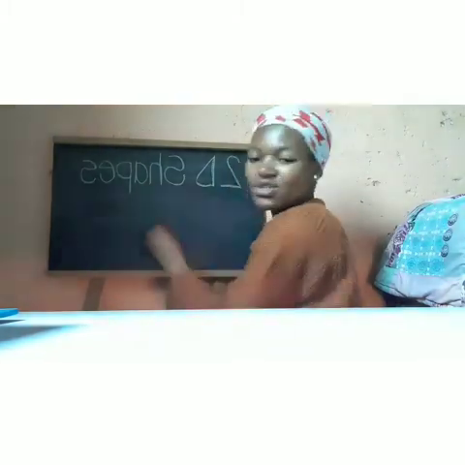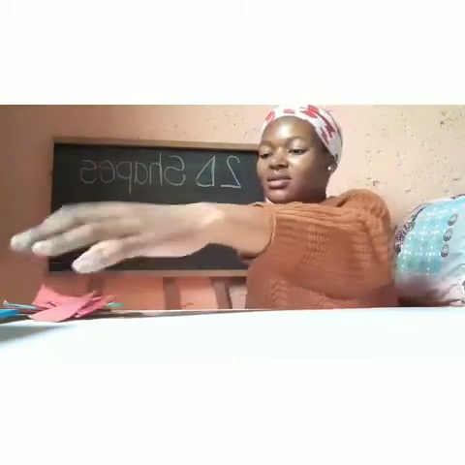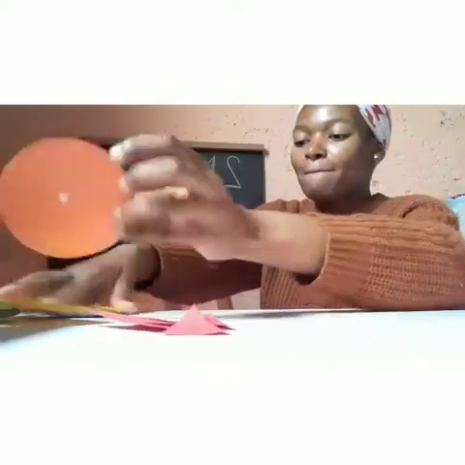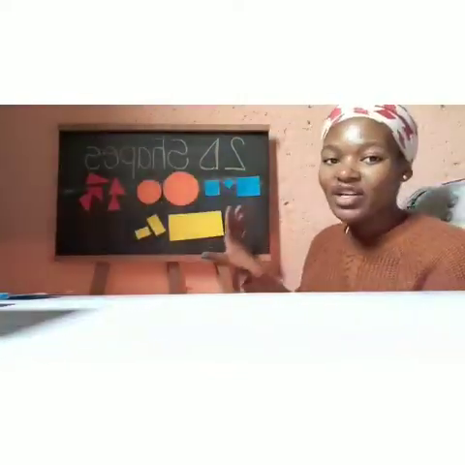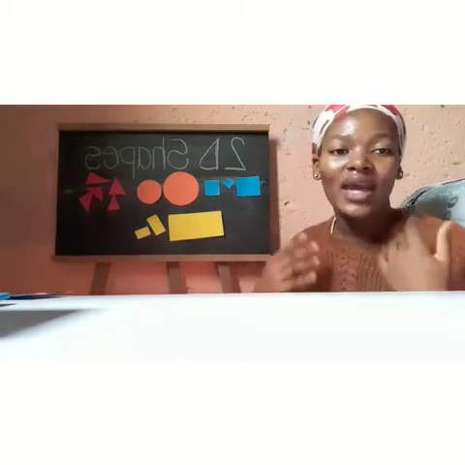I want you guys to understand the forms of these shapes. Okay, now that we've arranged everything, we know that shapes have different forms, and that they will still remain. Even though they have different forms, their names do not change.